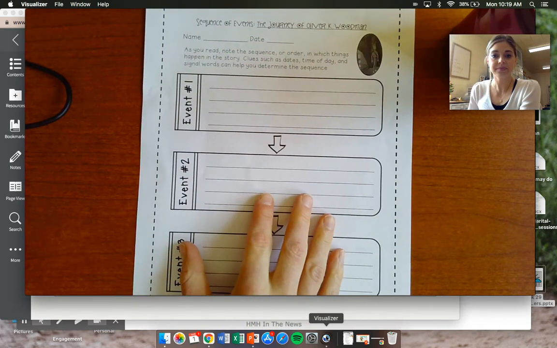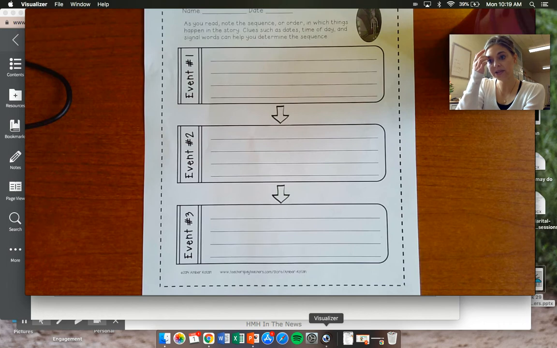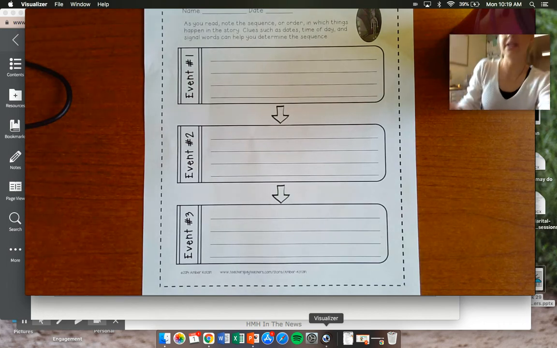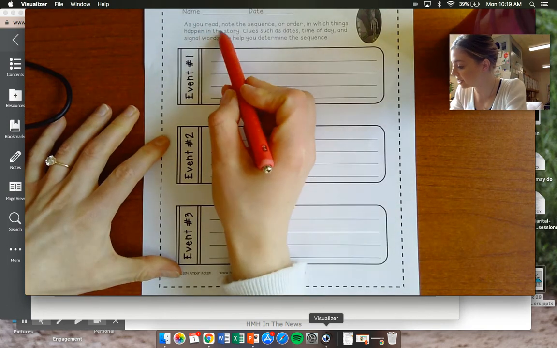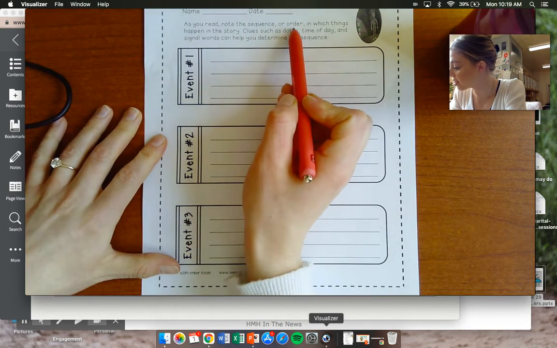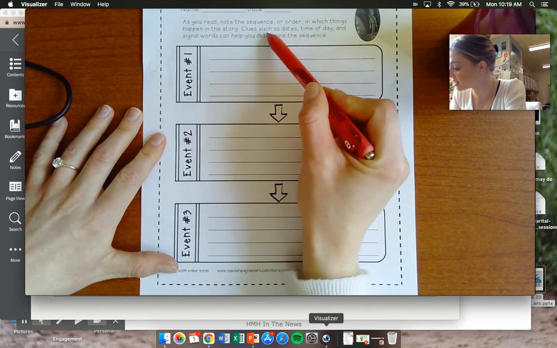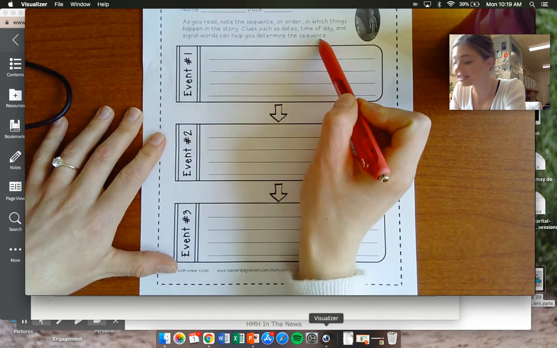It just looks like this. This is a chart that we are going to use that will help us sequence the different events in this story. It says, as you read, note the sequence or order in which things happen in the story. Clues such as dates, time of day, and signal words can help you determine the sequence.